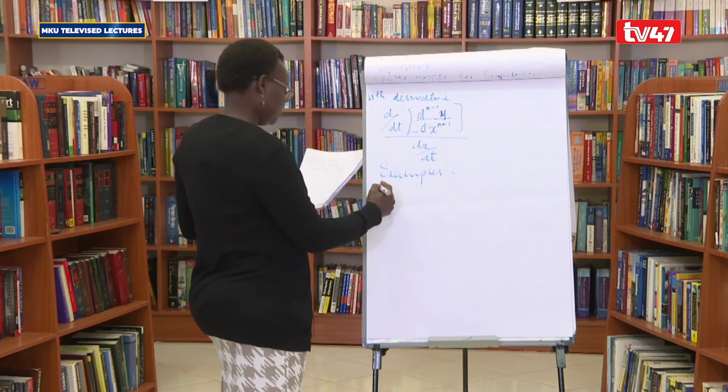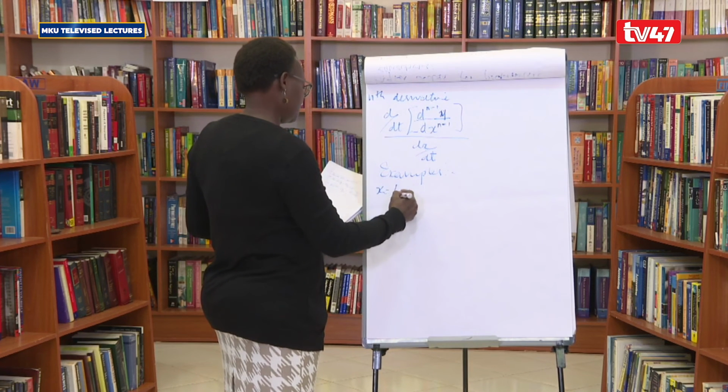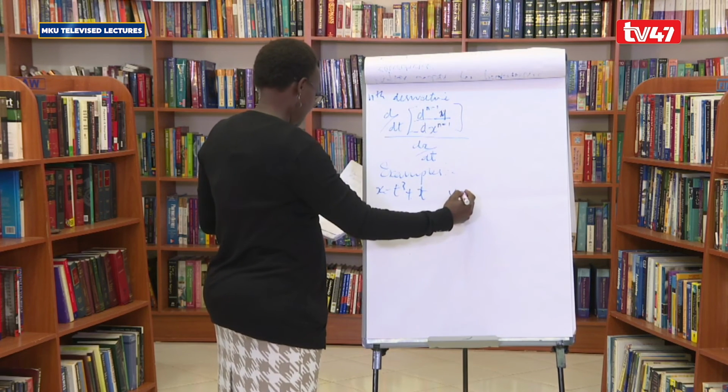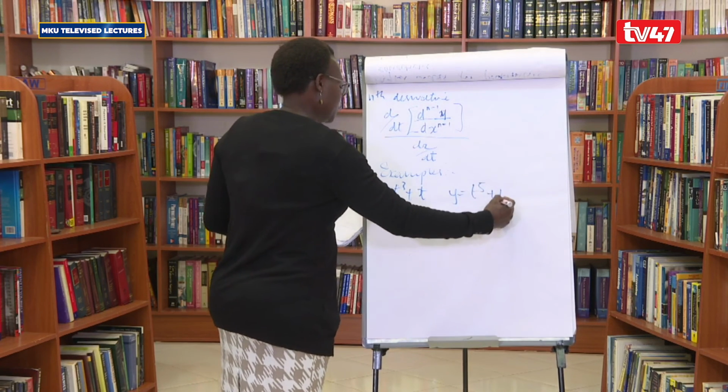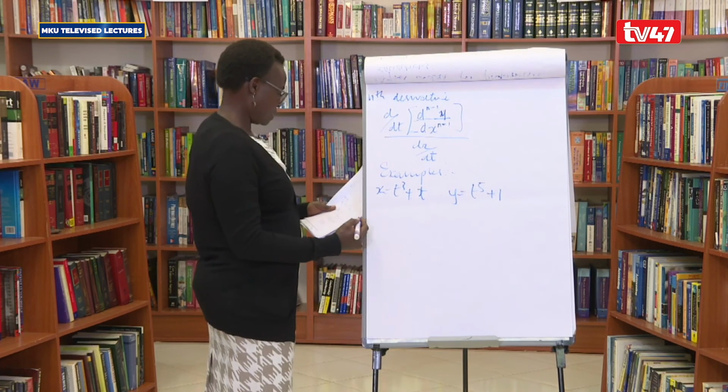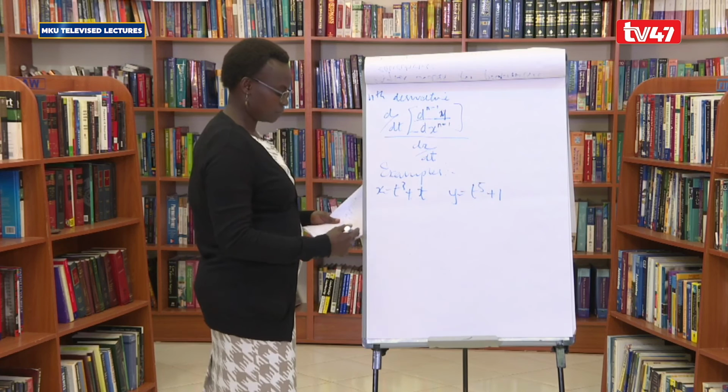we are given x as t cubed plus t, and y as t raised to power 5 plus 1. We are supposed to get the second derivative.